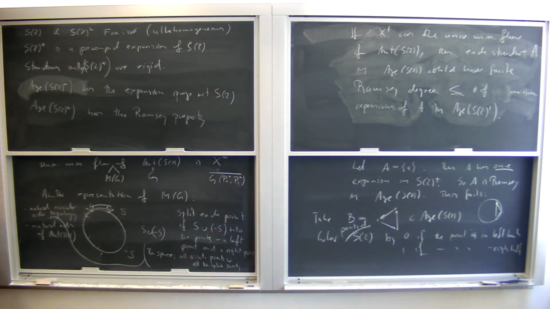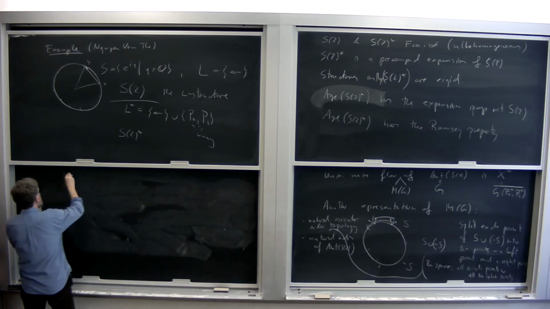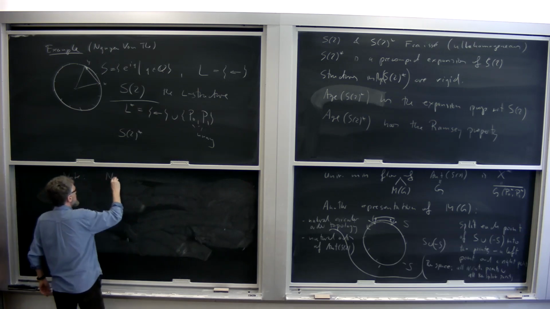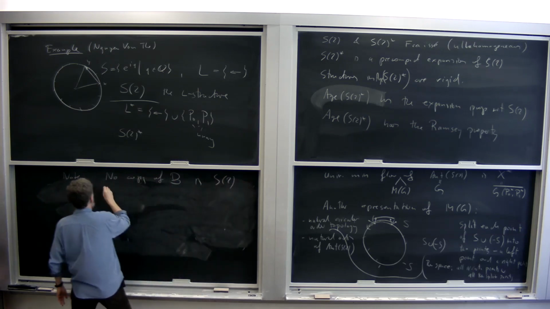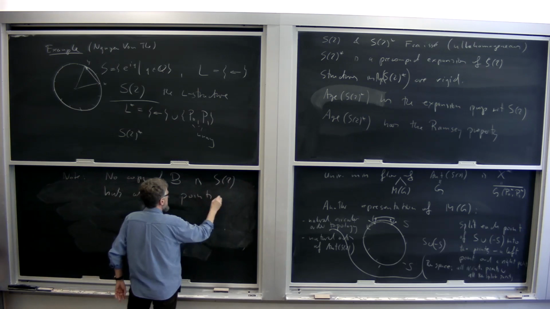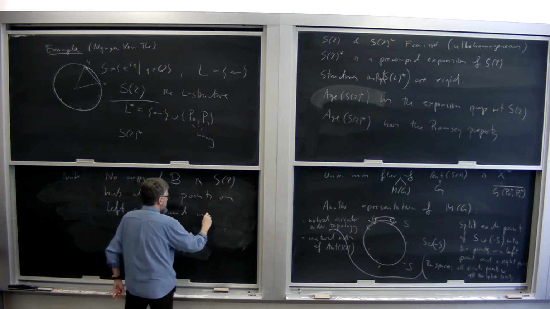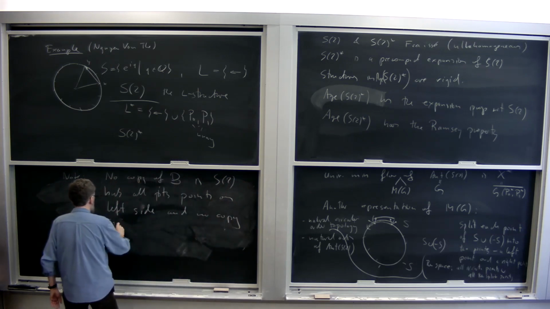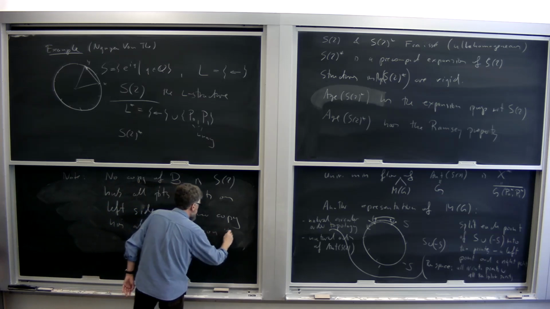So notice, this is somewhat rigid. So note, no copy of B in S of 2 has all its points on the left side, and no copy has all its points on the right side.